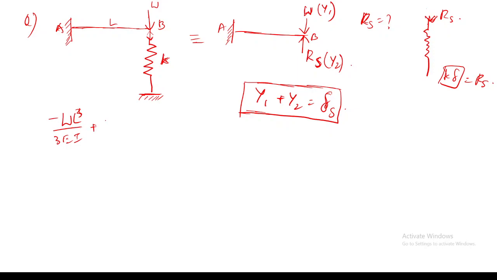It will be RS L cube divided by 3EI, which equals the delta. Here I have written delta equals RS by K, and I have to write it with the sign convention, since the spring is getting compressed in the downward direction. So what will be the value of RS?